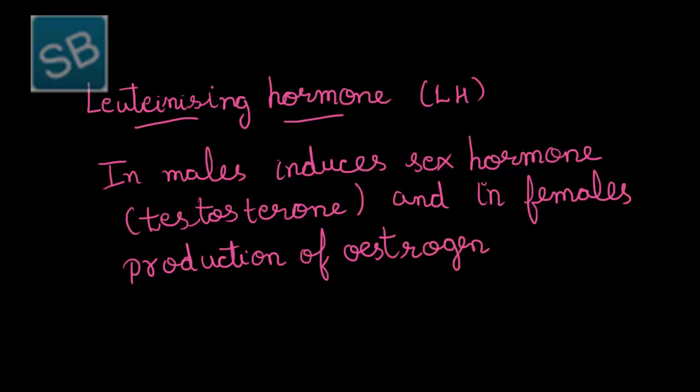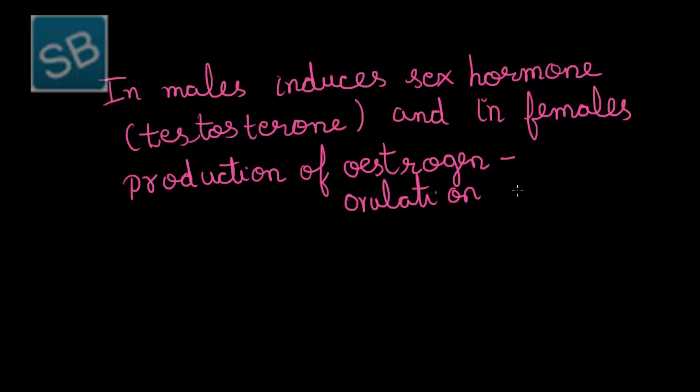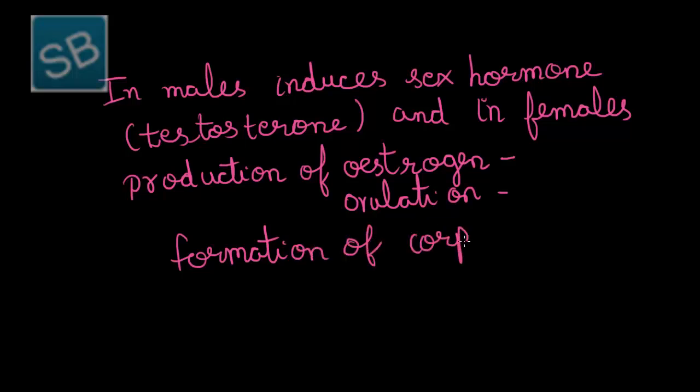This helps in the ovulation process, thereby ovulation of mature follicles forms the corpus luteum in the ovarian follicle. Thus, formation of corpus luteum occurs.